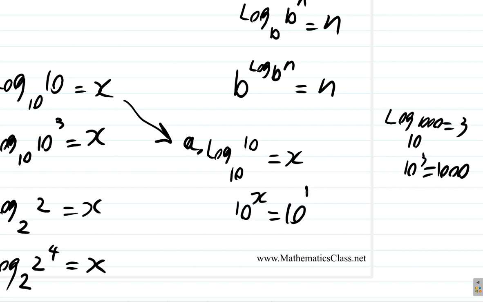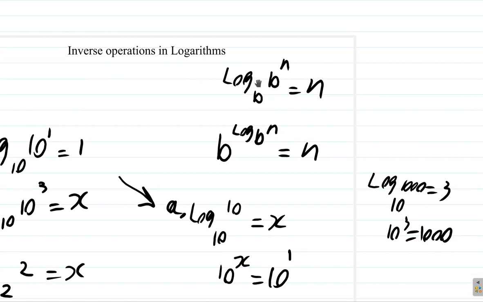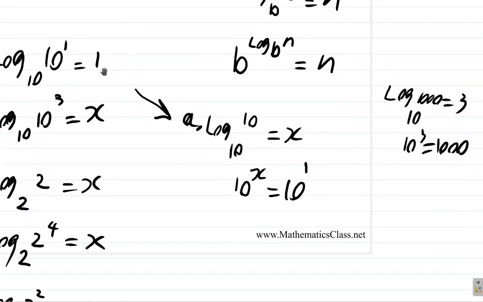You know that 10 to the 1 is 10. So x must be equal to 1. All right. So this is equal to 1. Now notice this 10 has a power of 1. So the first formula here seems to be working so far.